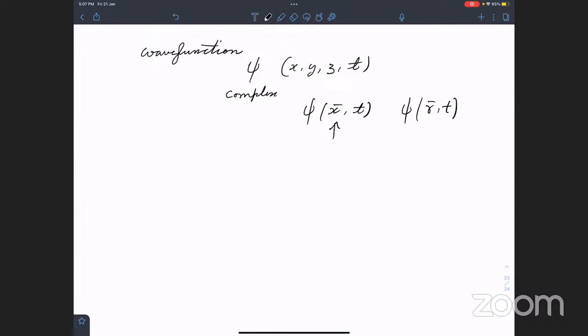So my wave function is a complex function of x, y, z, and t. Anytime you visualize this, I usually like to visualize it as a pond with a water wave in it. It's exactly like that. Imagine there is water and then there is a water wave.